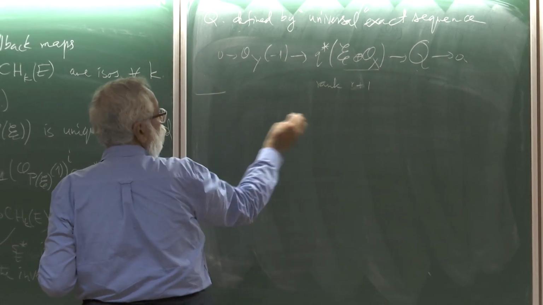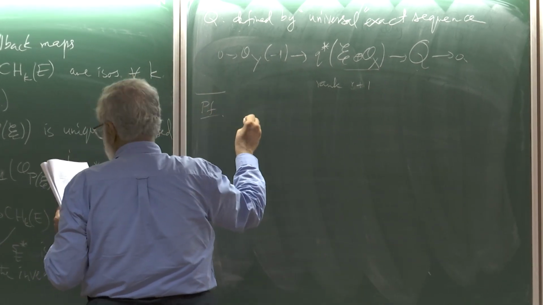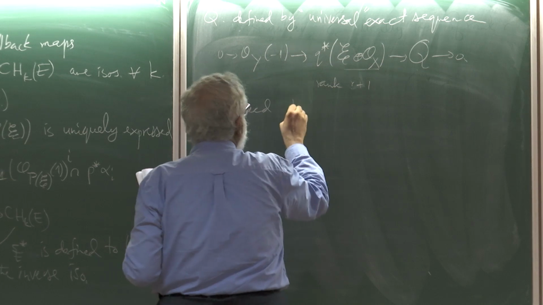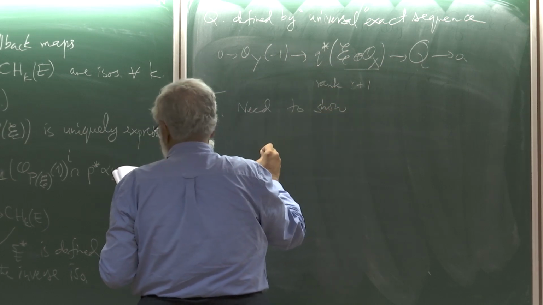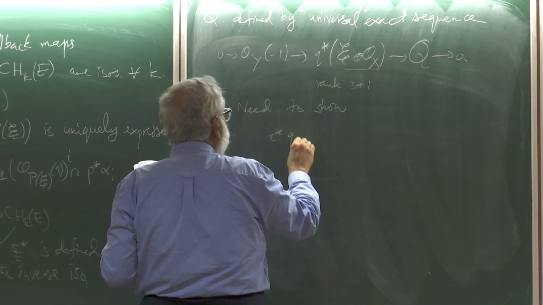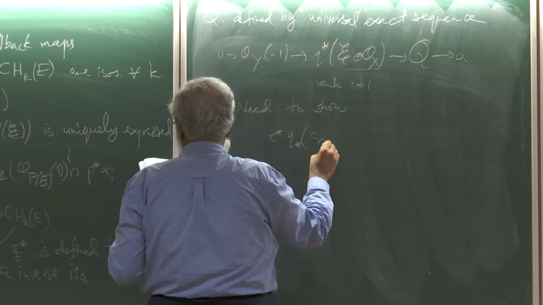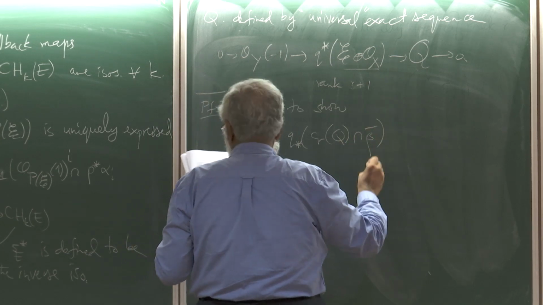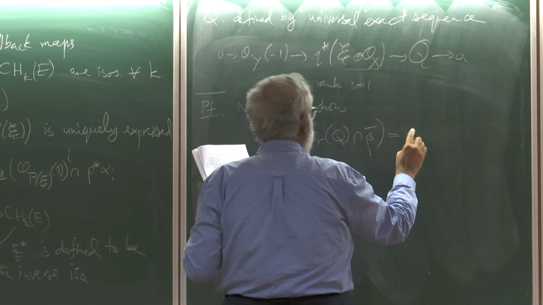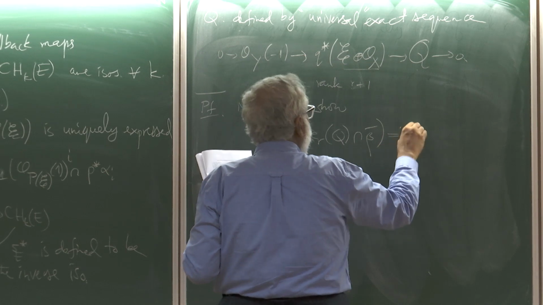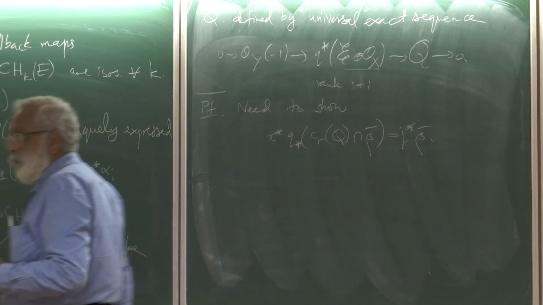So let's check that. For the proof, I need to show that π upper star of Q lower star of c_r(Q) cap beta bar is equal to j upper star of beta bar, for any beta bar.